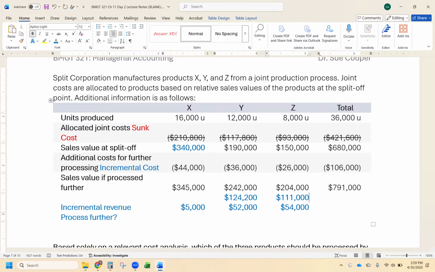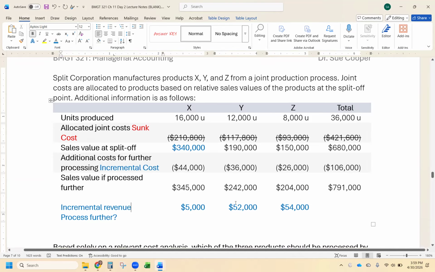I need a second opinion on either one of these two. Anybody want to vote for 111 or 54? Votes for 111. Votes for 54. Okay, 54. All right, and then how about the Y? Votes for 52 and 124. Oh, okay, that's cool. We're fine. It's all good.